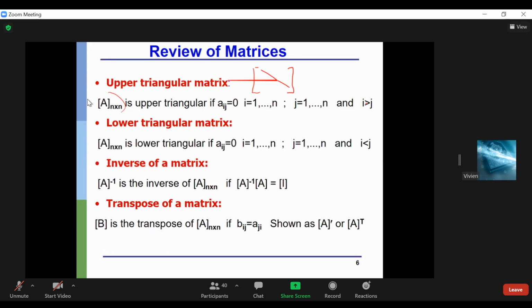So what does that mean? It means that all of the values in the lower part here are 0. These are zero elements, and the elements that have values are only in the upper triangular part of the matrix.